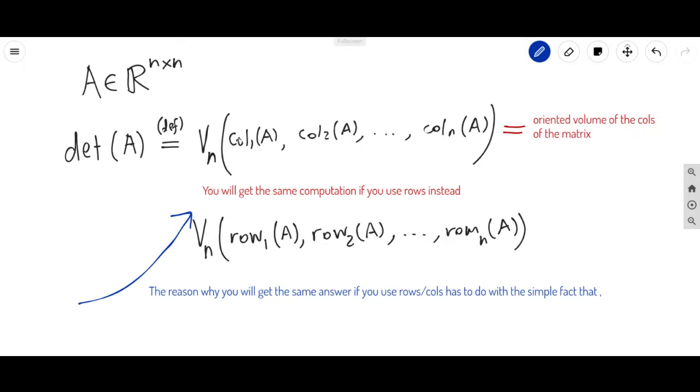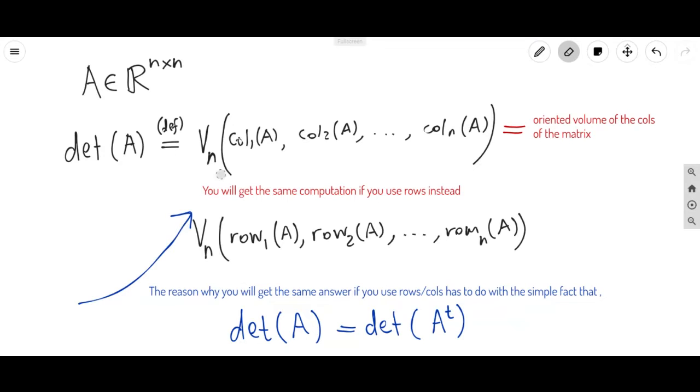I will give you a justification for this later on, but I just wanted to state for the time being that if you have a matrix and you take its transpose, the matrix and its transpose will always have the same determinant. So that's just a nice fact to know.